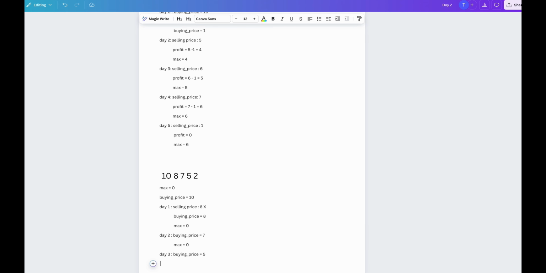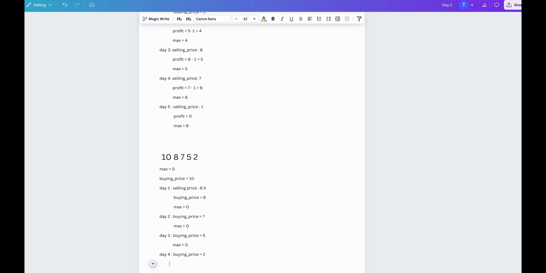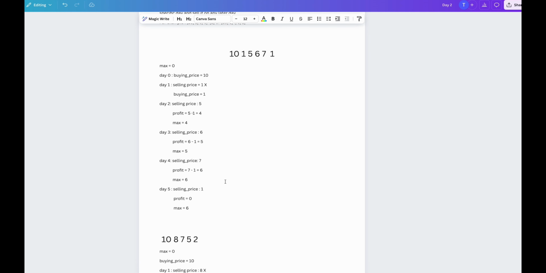In this case also the max is going to remain 0. Now on day 4 again my buying price is going to become 2, and in this case as well my max continues to remain 0. So I don't have a best strategy here to gain profit. My max is going to remain 0 in this scenario.